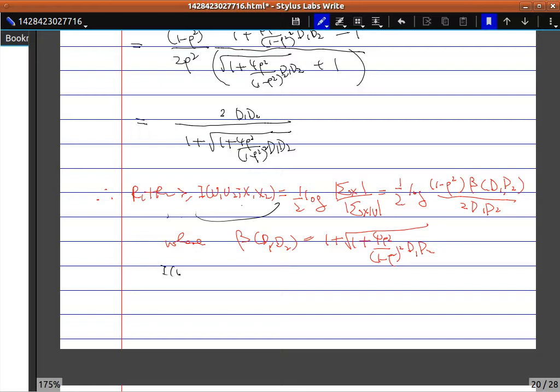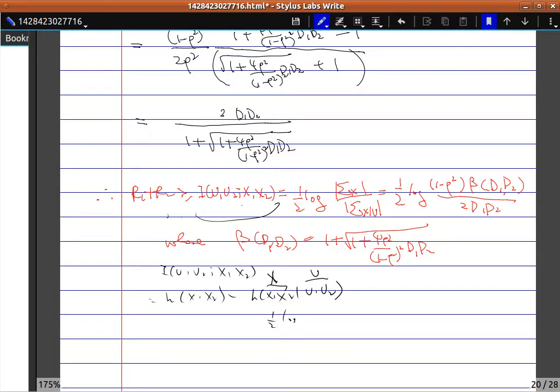By the way, just a reminder of how we get this. I(U1, U2; X1, X2) is equal to the entropy of X1 X2 minus the conditional entropy of X1 X2 given U1 U2. We can write it in vector form as X and U here. H(X given U) is just 1/2 log of the determinant of 2 pi e sigma x given u.